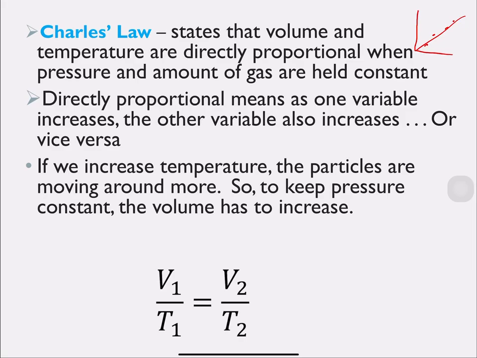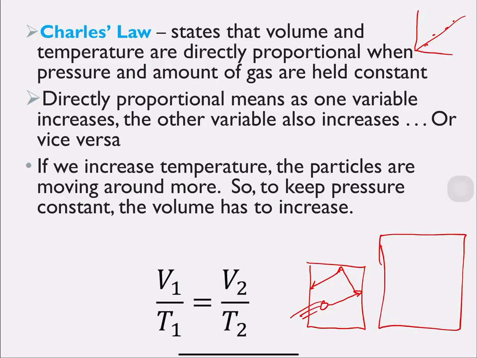Okay, if we increase the temperature, the particles move around more, which I said, and so to keep the pressure constant, the volume has to increase. So again, I tried to describe that if this is the shape of our container and they're moving around faster, well, if this causes pressure and this causes pressure and this causes pressure, right, every time it runs into the container, if we want that pressure to remain constant, well, when we increase the temperature, that particle moves faster.